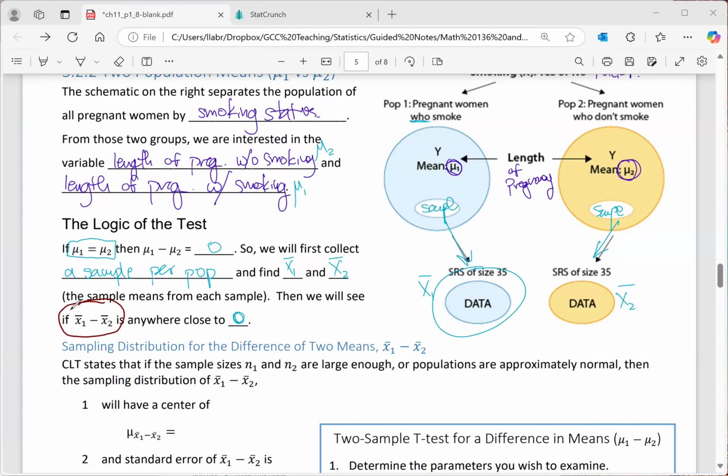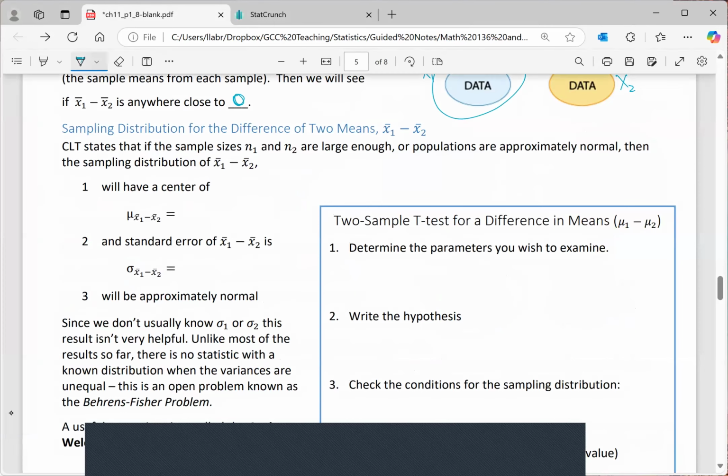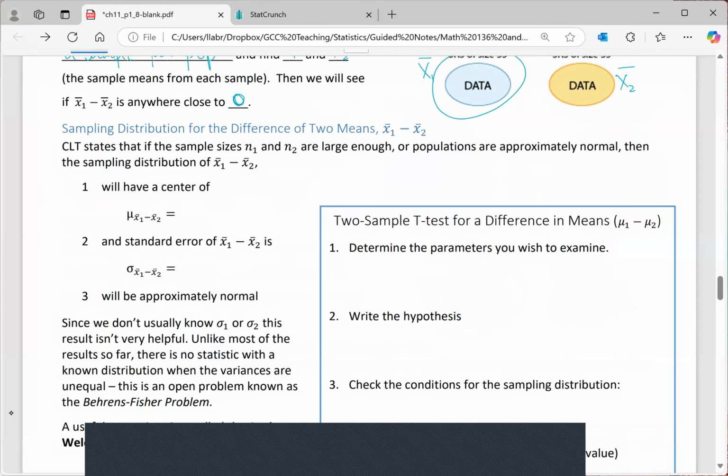And that's what we saw when we moved away from probability to looking at distributions. Lucky for us, everything that we've seen in the past still holds. So we actually do know what the sampling distribution of x1 bar minus x2 bar is. That's the difference of the means.